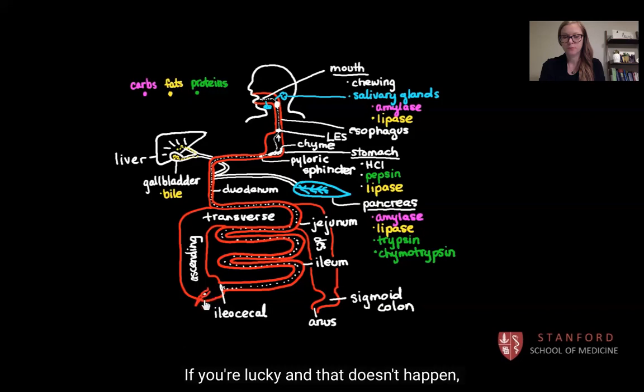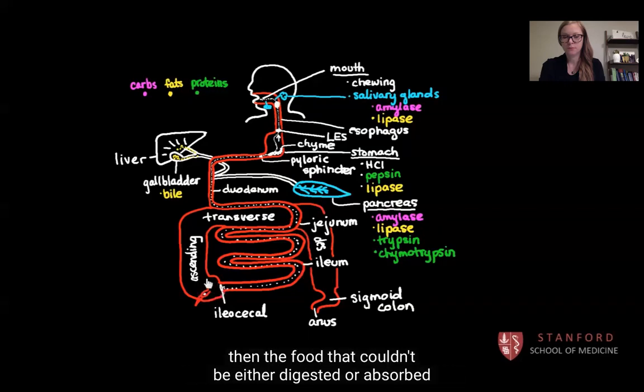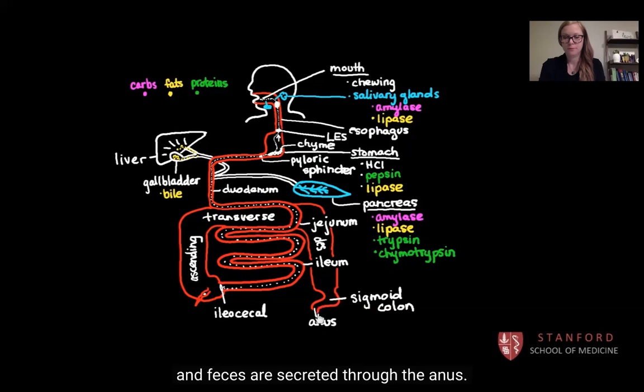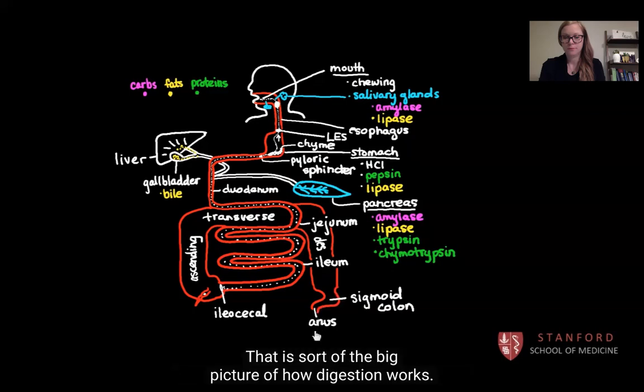But if you're lucky and that doesn't happen, then the food that couldn't be either digested or absorbed passes into this ascending colon and slowly moves up through the transverse colon and down the descending colon as it's progressively dried and stored. And then once it enters the sigmoid colon, a bowel movement is triggered and feces are secreted through the anus. And that is sort of the big picture of how digestion works.